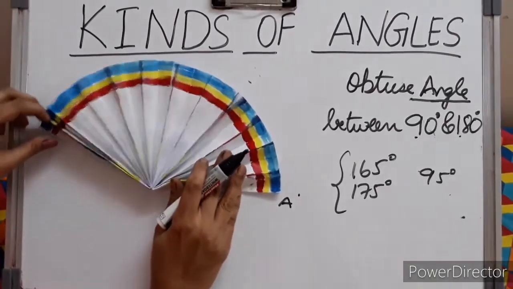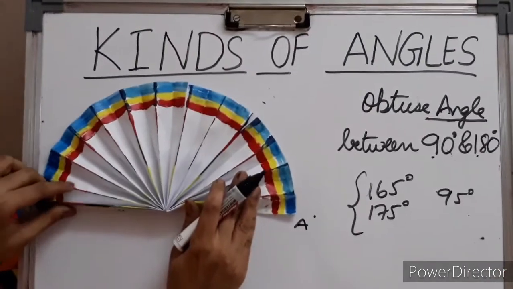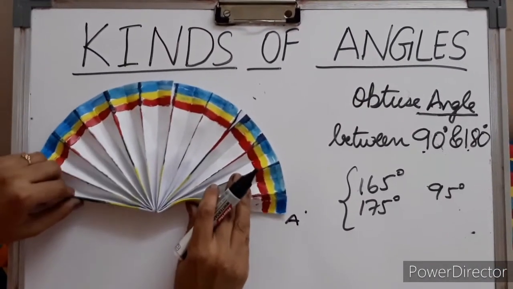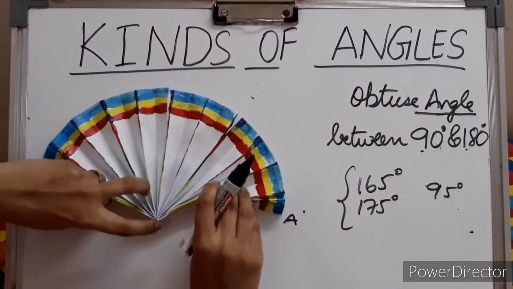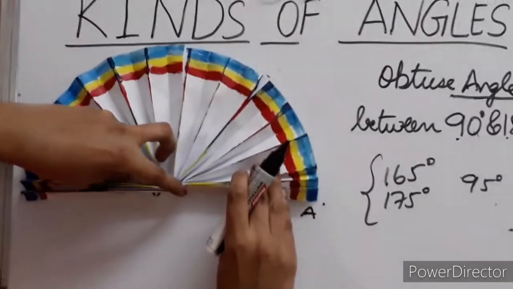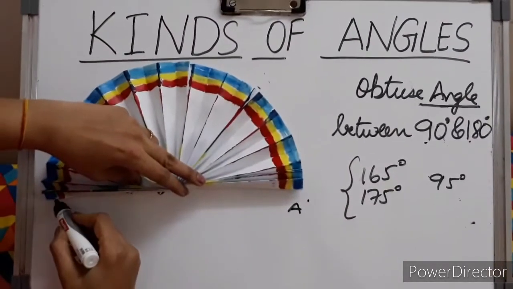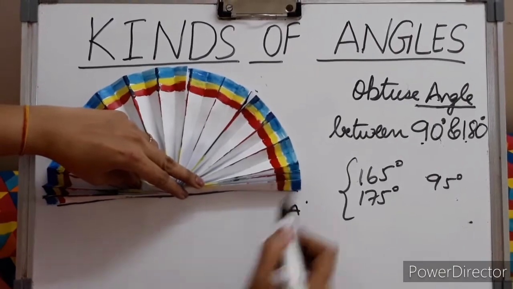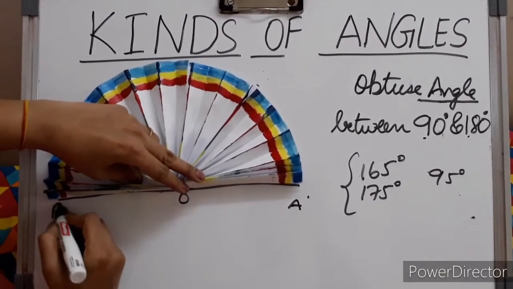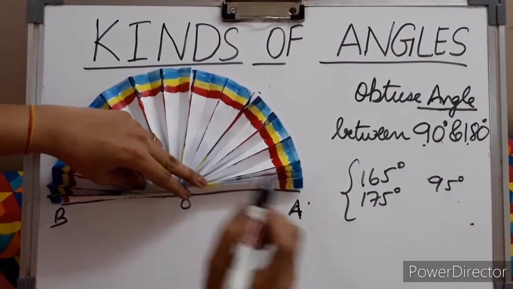Now suppose I further extend this arm till here. Okay. So what is this? What you can see from down? This is making a straight line. OB came here and A was here only.